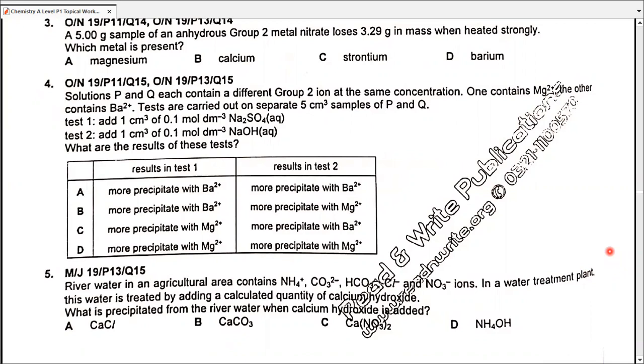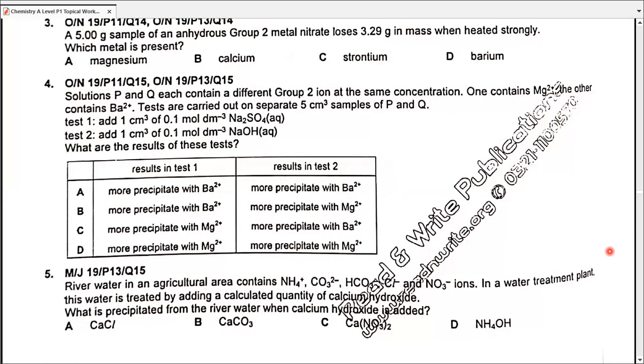Solutions of P and Q each contain different ions. One contains magnesium. Tests are carried out on 5 cm samples. Add 1 cm of 0.1 sodium sulfate. Magnesium sulfate and barium sulfate.